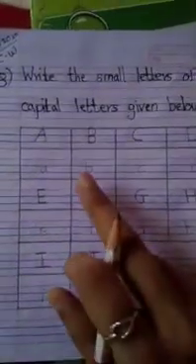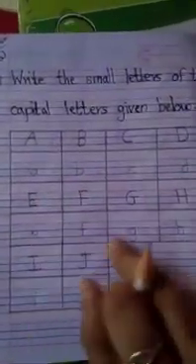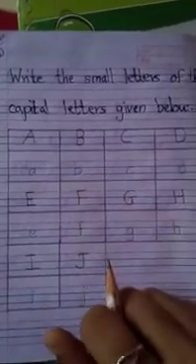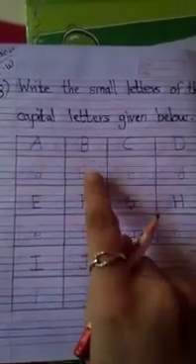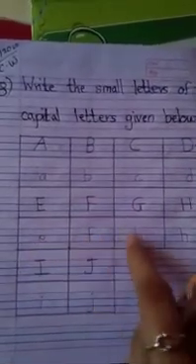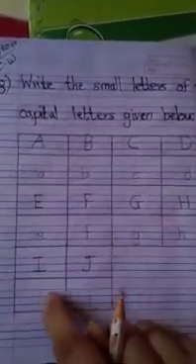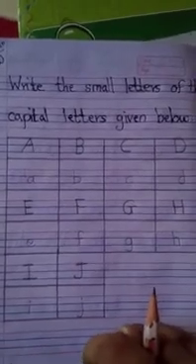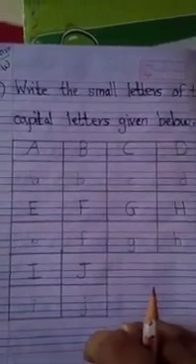Okay, like this you have to write small letters here below the capital letters. Okay. A, B, C, D, E, F, G, H, I, J. Okay, got it? Very good.